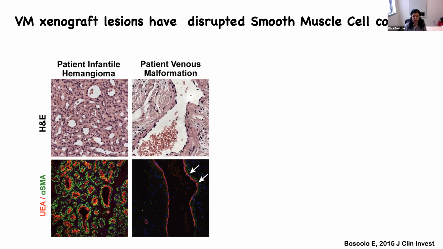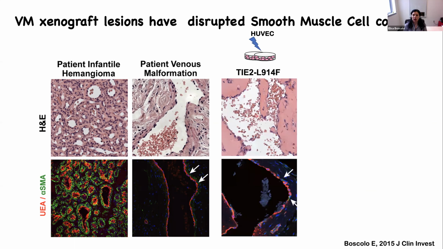You can see all the small blood vessels have a necklace, a pearl necklace of small muscle cells around. And also in our xenograft, you can see enlarged vascular channels, but there are very scarce perivascular cells there.